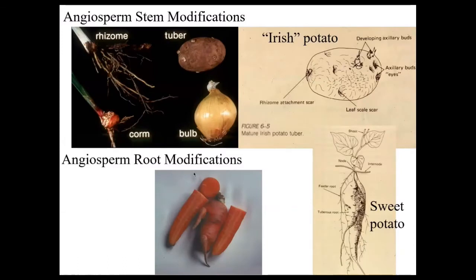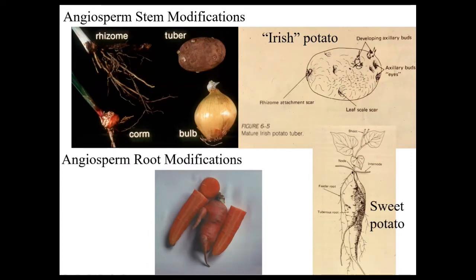Yeah, so, okay. Talking about the sweet potato being a modified root, Irish potato, or the white ones, or red ones for that matter, being modified stems. And the way you'd know is that you don't find eyes on a sweet potato because the roots don't have buds.